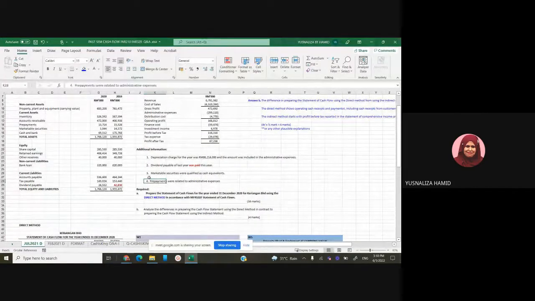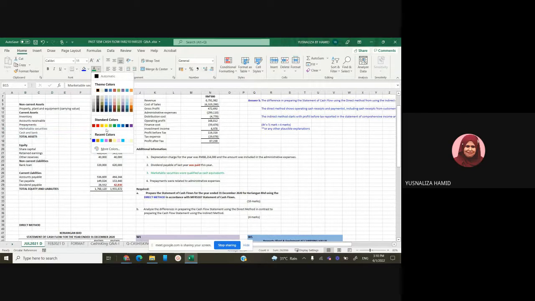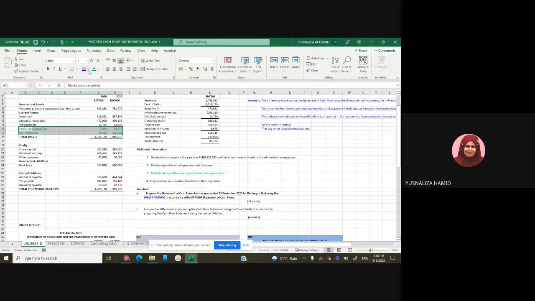If you go to the first information, number 3, you would see that this is cash and cash equivalent, because you are informed marketable securities are cash equivalent. Apart from that, you have to check here. These are cash and cash equivalent. Let me just take a green there.